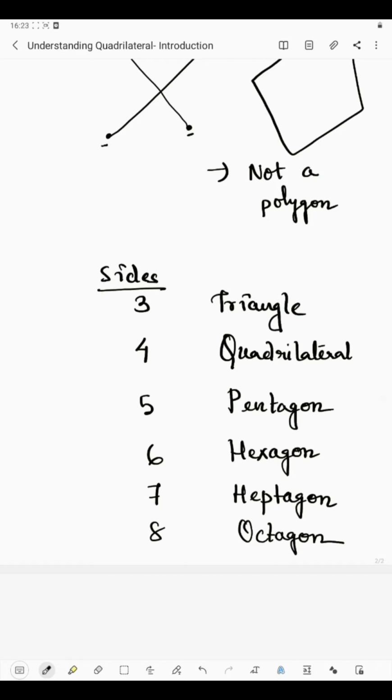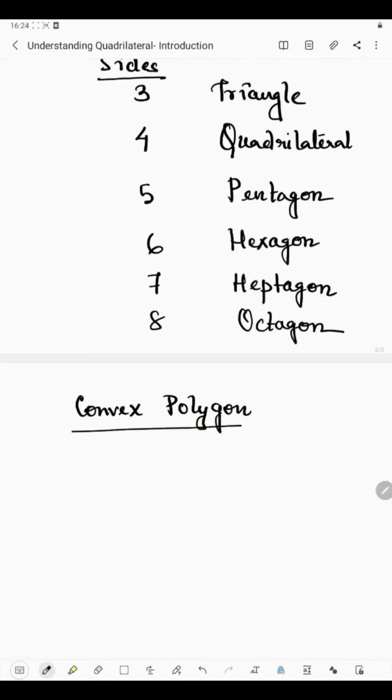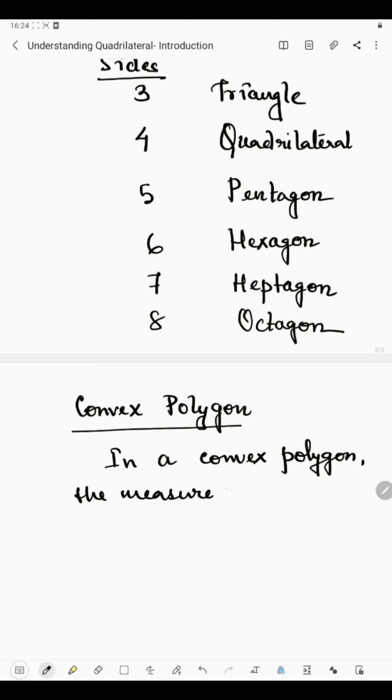We can classify polygons on the basis of angles also. Now we will talk about convex polygon and concave polygon. In a convex polygon, the measure of the interior angles is less than 180 degrees.